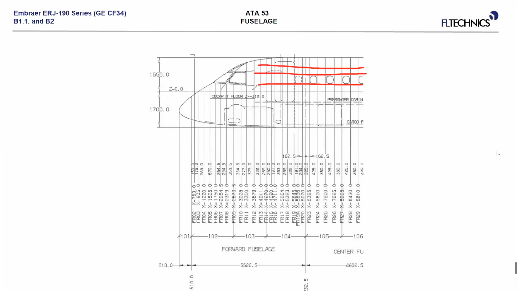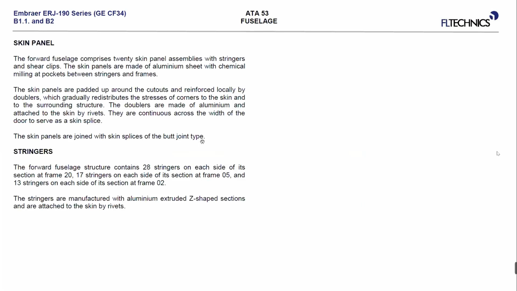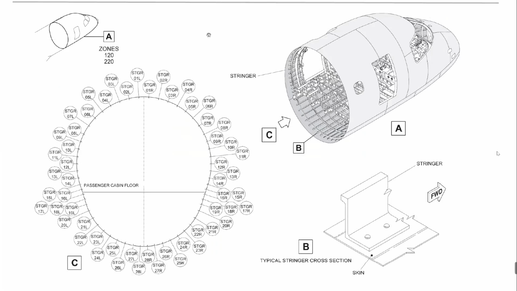Yes, they're straight, but as you can see, the cross section is changing here. So as forward we go, the number of the stringers is reduced. So finally here at frame number 2 we have 13 stringers. Okay, the stringers are manufactured with aluminum extruded Z-shape section, and they are riveted to the skin.